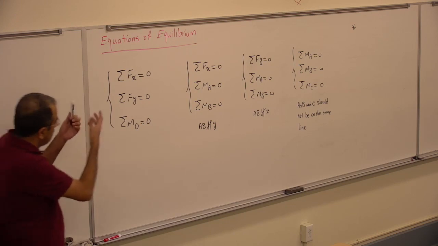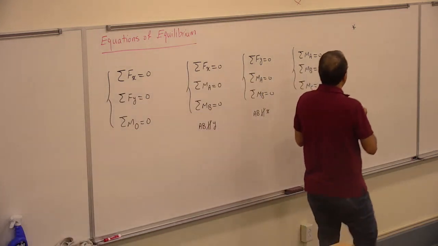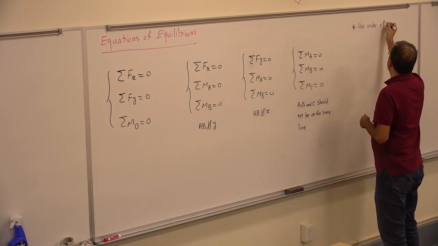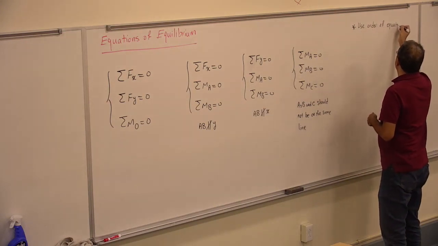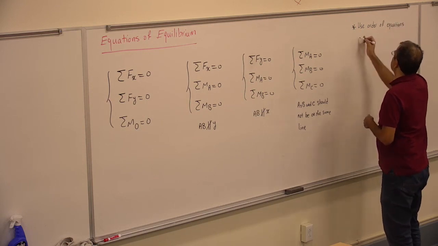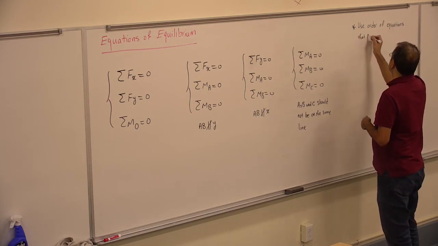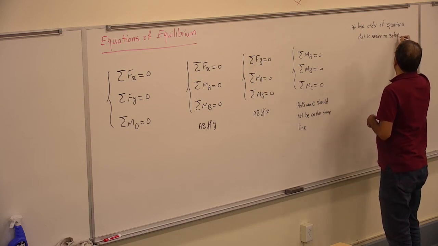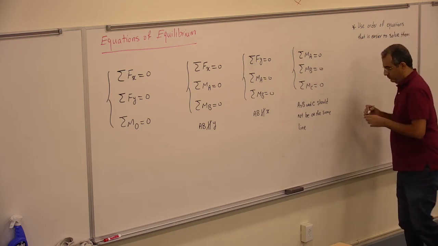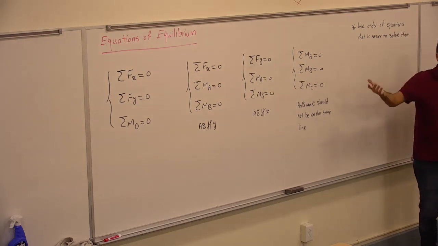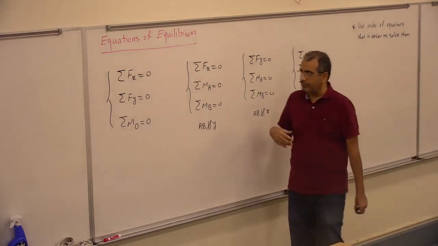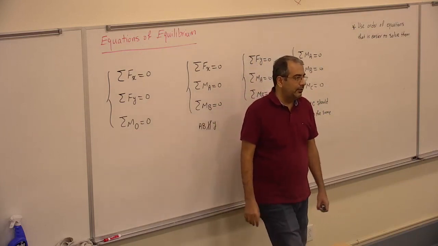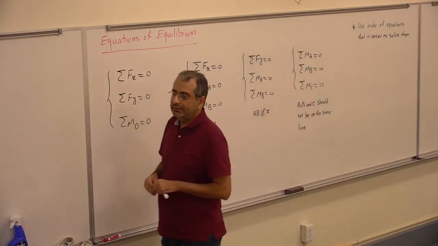Use the order of equations that's easier to solve. And you will see sometimes when you try a problem, I might start with the moment, or I might start with sigma Fy. So just use the order that's easier to solve the problem.